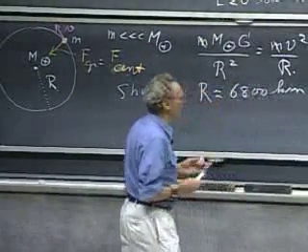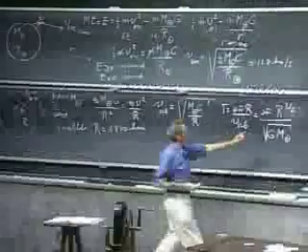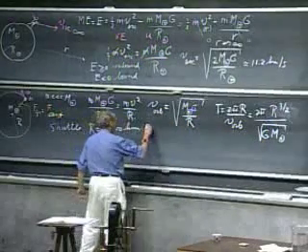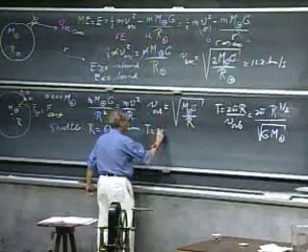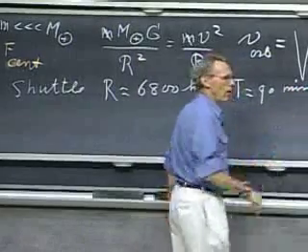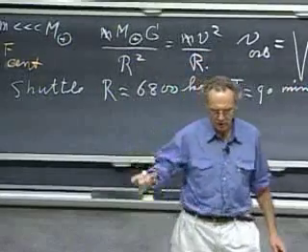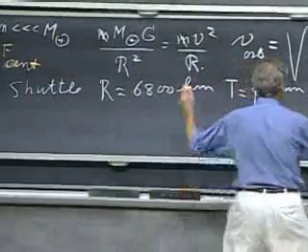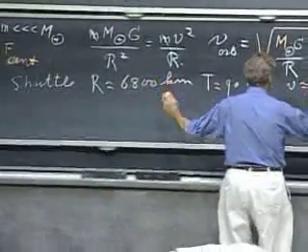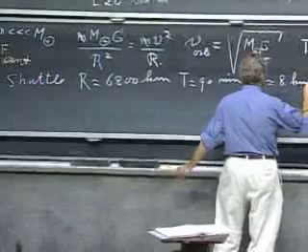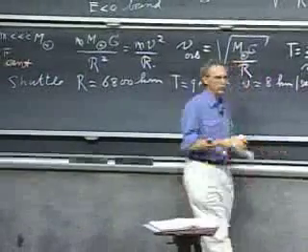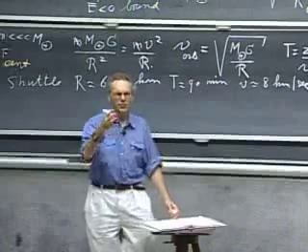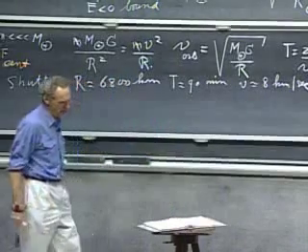You substitute that in here, the mass of the Earth and the gravitational constant, and you'll find that T is about 90 minutes, about 1.5 hours. The shuttle takes about 1.5 hours to go around, and the tangential speed is very close to 8 kilometers per second. And that holds for all near-Earth orbit satellites. Whether they are 400 or 500 or 600 kilometers, that doesn't change very much.